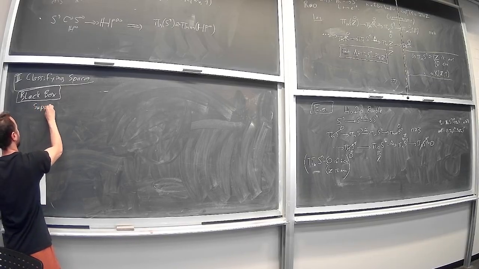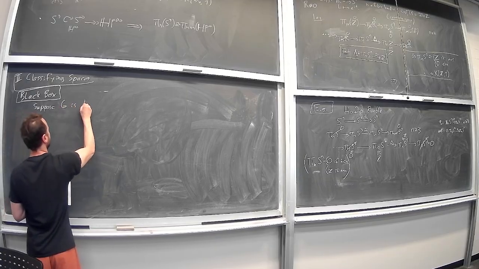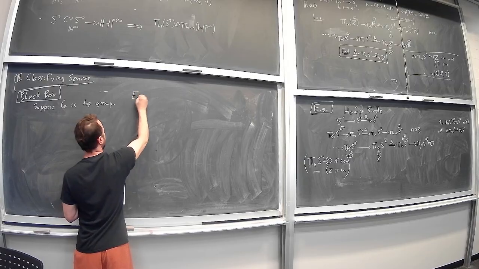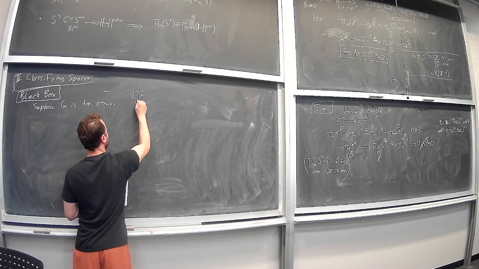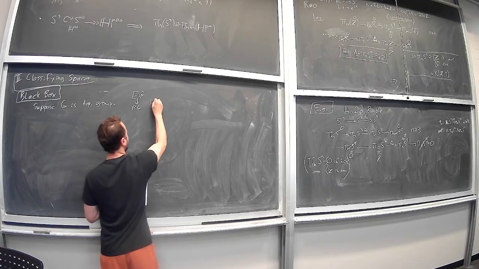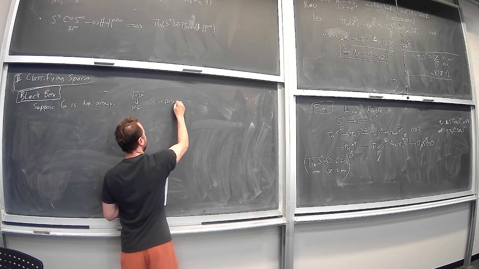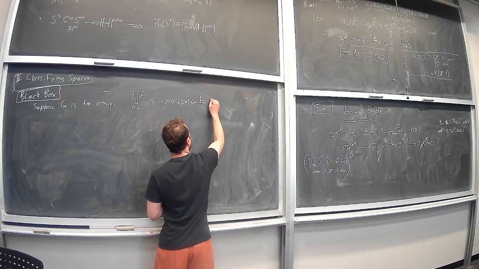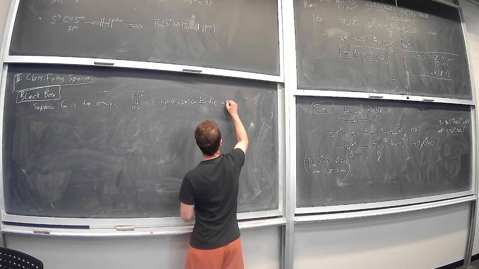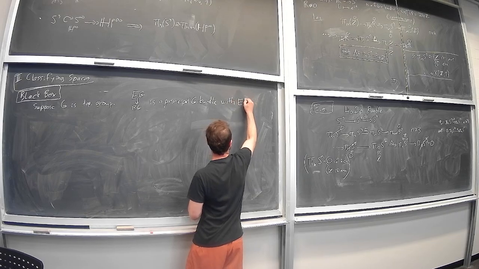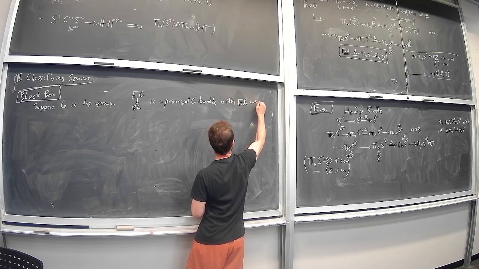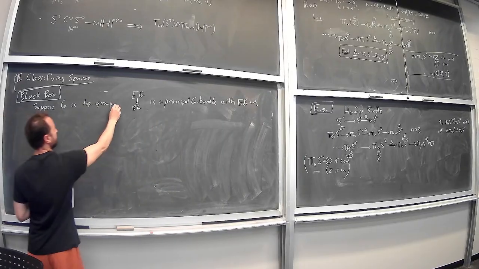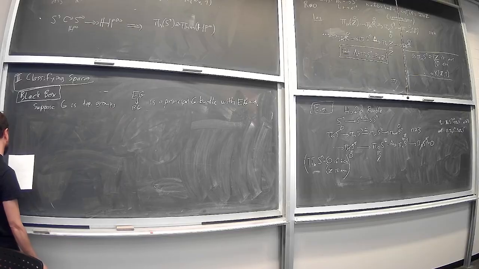Suppose G is a topological group. Suppose you have a bundle called EG over a space called BG, a principal G bundle, and suppose that EG, the total space, is contractible. Assume that we have these two things.